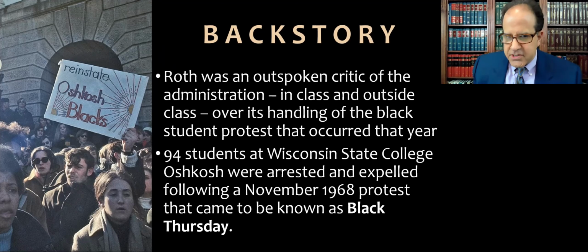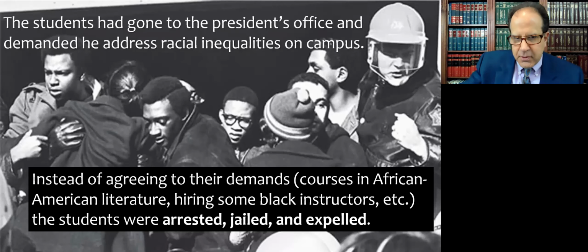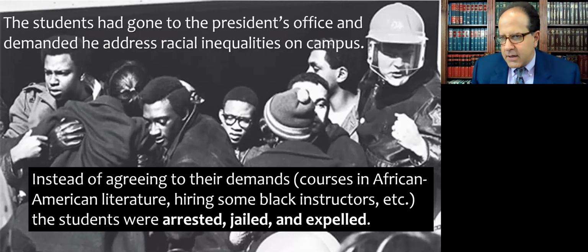What happened is 94 Black students at the Wisconsin State College Oshkosh were arrested and expelled following a November 1968 protest. And this came to be known as Black Thursday. What had the students done? Well, they had gone together as a group to the president's office one day, the president of the college, and demanded that he address some racial inequalities on campus.